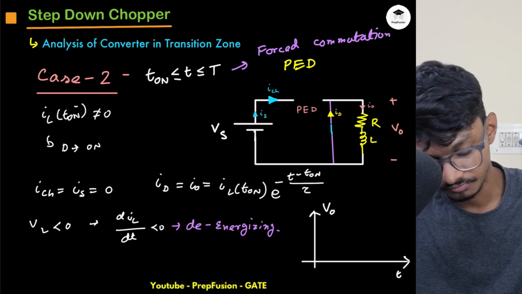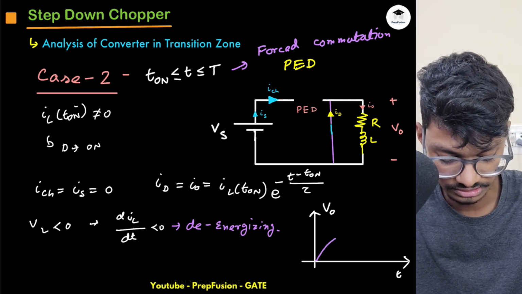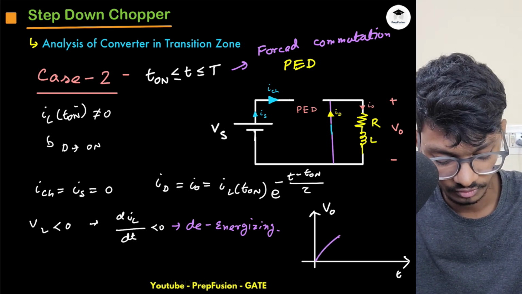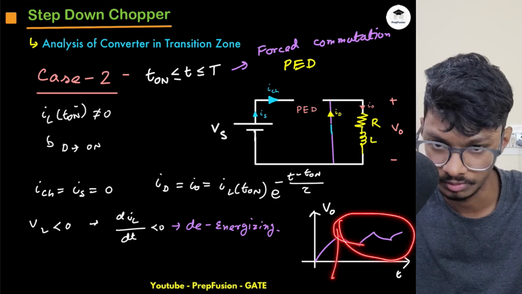If I directly start from the zeroth cycle, first cycle, it will go from 0 to some value, then discharge, charge, discharge, charge. So after this, the cycle will be like this.